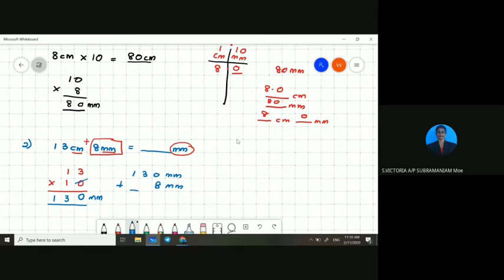When you add 0 plus 8 is 8. 3 and 1. So our answer is 138 millimeter. If you want to proceed with this question with T method, it's easier.